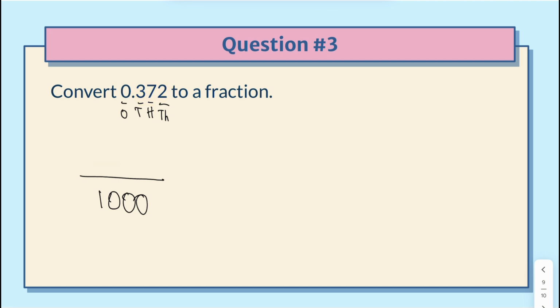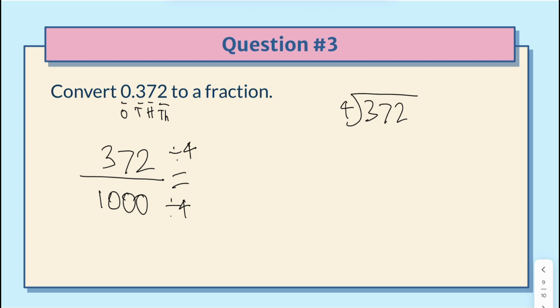So, 372. Now, you may notice that this fraction can be reduced. I know that the numerator is divisible by 4, and so is the denominator. 372 divided by 4 is equal to 93.